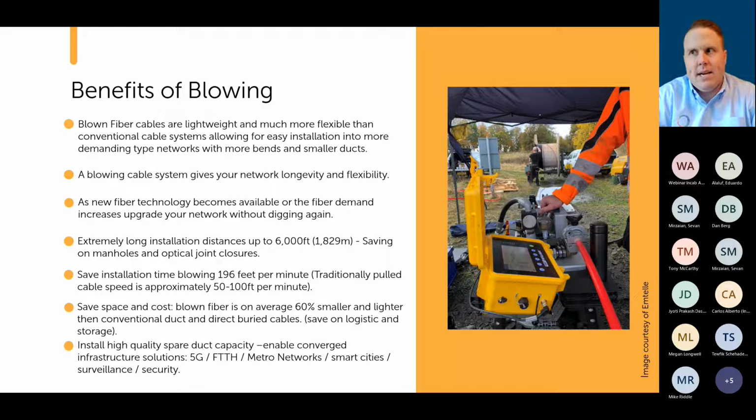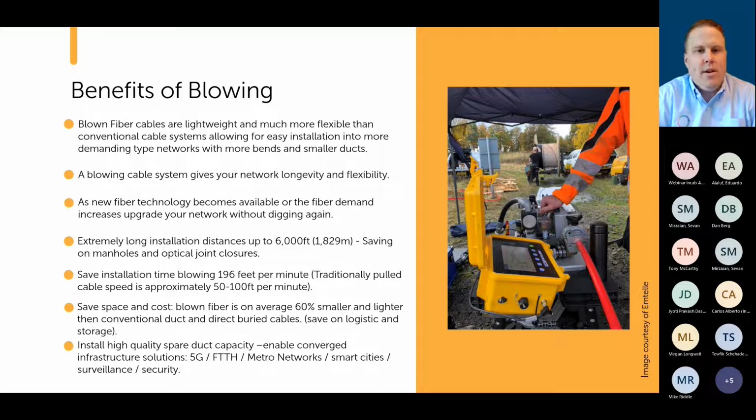And these can be a mix of standard duct, micro duct, different diameters of each. But what that does is, when you're putting your duct into the ground, now instead of just having 1 or 2 ducts, you can have up to 16 duct banks that you can go and blow more cable through.